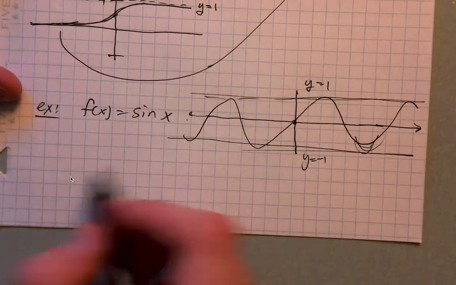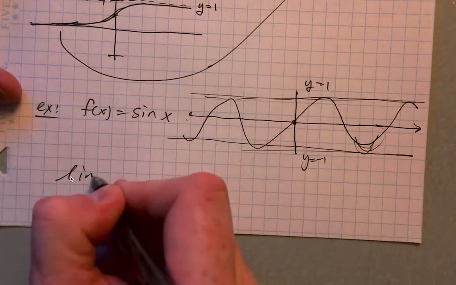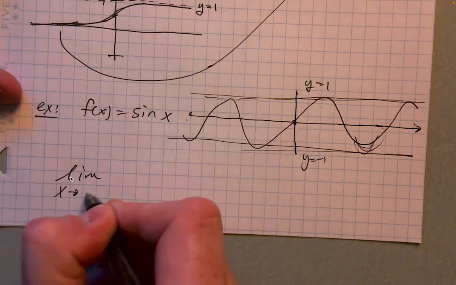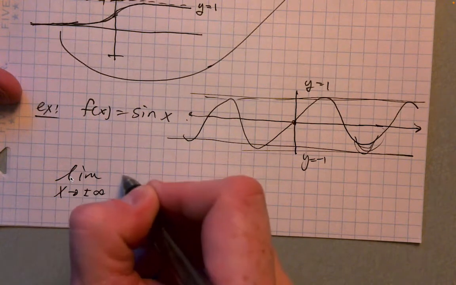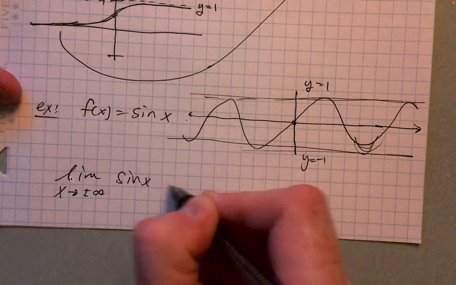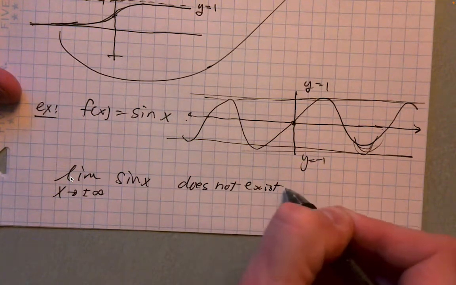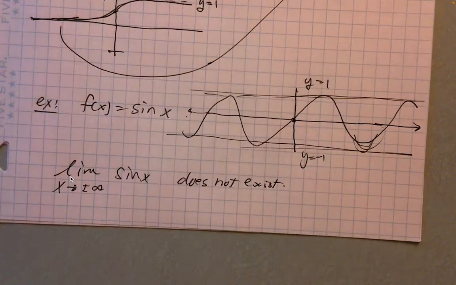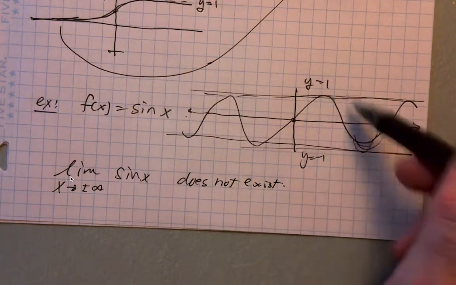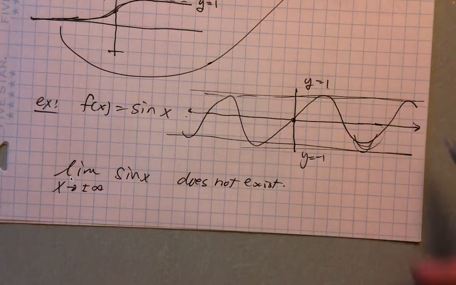There's no horizontal limit, and so the limit as x approaches plus or minus infinity of sine of x, we would say does not exist. Okay. This is just because it goes up to 1 and then it goes down to negative 1, and then it goes back up to 1 and back down to negative 1. It does this forever, right? Never deviates from that.